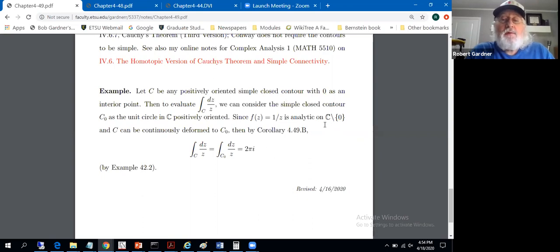Don't go through 0. Keep the same orientation. I don't care what the path is. This previous result, this corollary, tells us the integrals will be the same. The integral will still be 2 pi i.